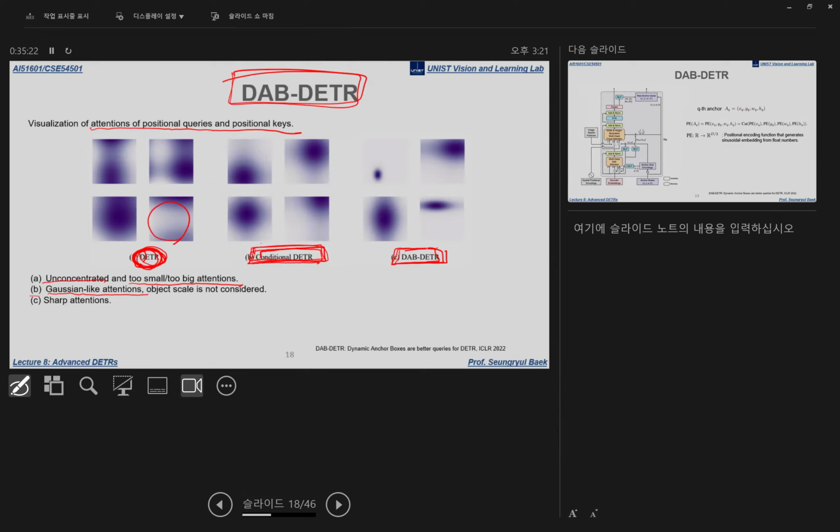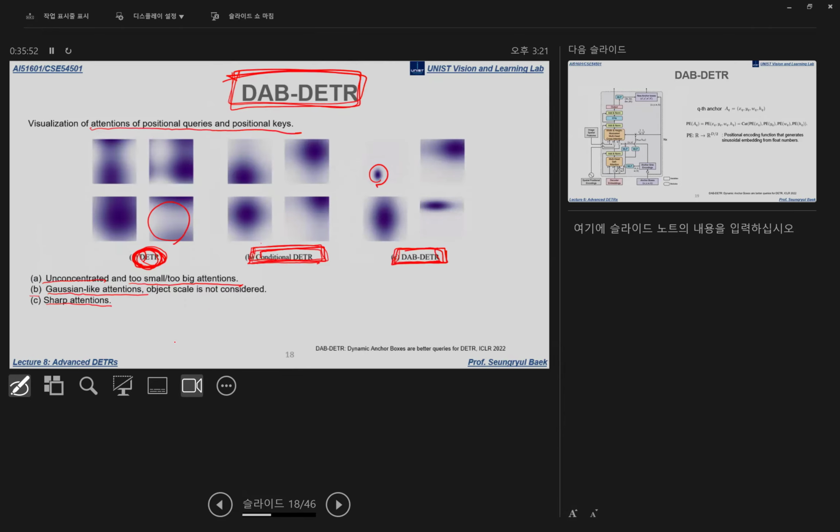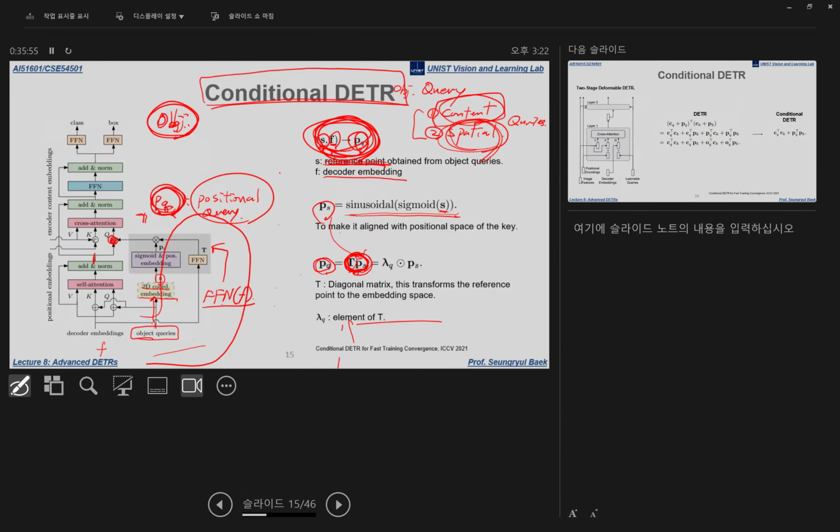In DAB-DETR, the object scales are explicitly considered as well, so they get sharp attentions. That's the motivation for DAB-DETR. They are trying to give more spatial meaning to these object queries. Previously, in conditional DETR, we are still estimating the bounding box coordinates from the object query.